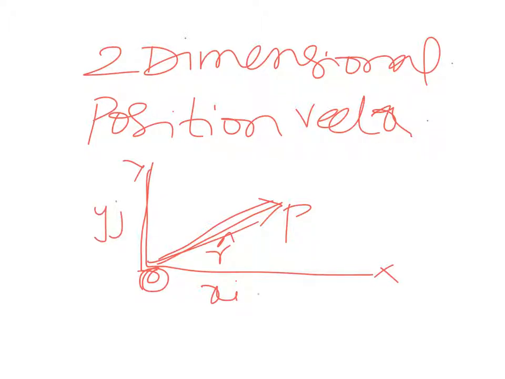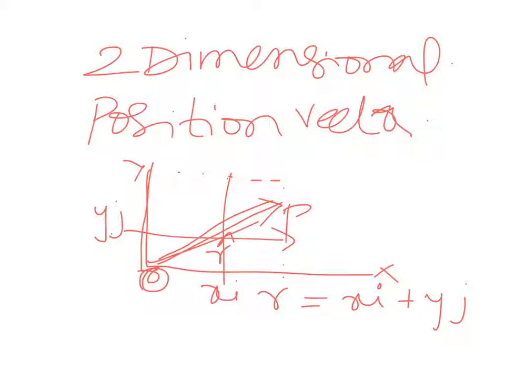So position vector R is equal to xi plus yj. That is your position vector R.